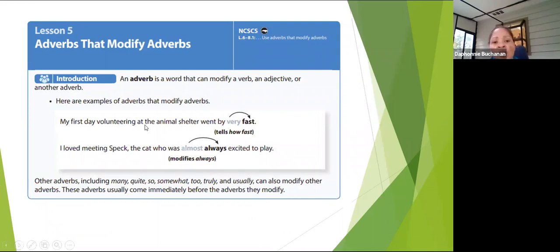"My first day volunteering at the animal shelter went by very fast." So "very" tells me how fast, but do I really need "very"? And then here again, "I love meeting Speck, the cat who was almost always excited to play." I don't need "almost," because that's just a little too much.